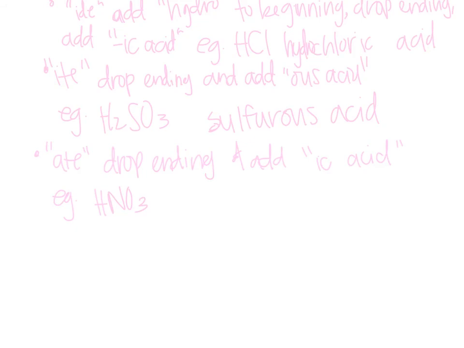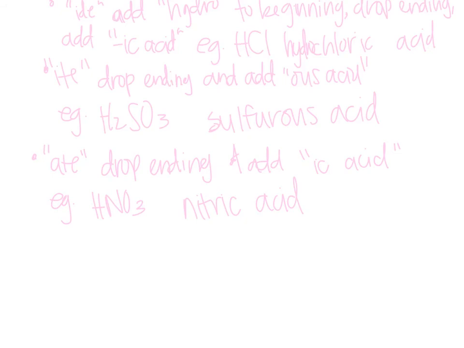So we drop the ending and we get nitric acid. Okay, so that sums up, if we're given a formula, how we're able to find the name. But if we know the rules pretty well, if we're given the name, we can then find the formula. So that's what we're going to look at now.